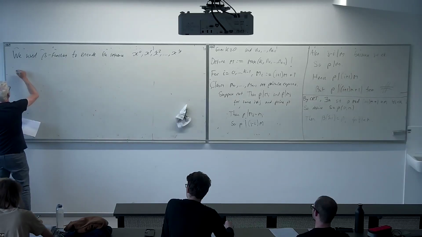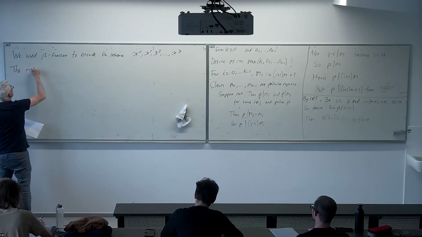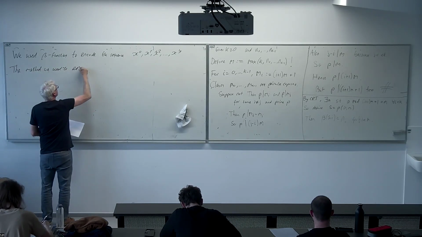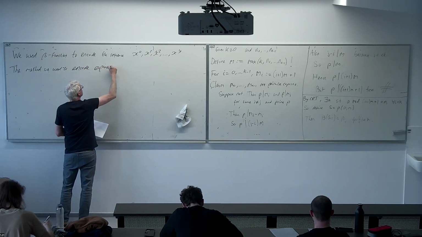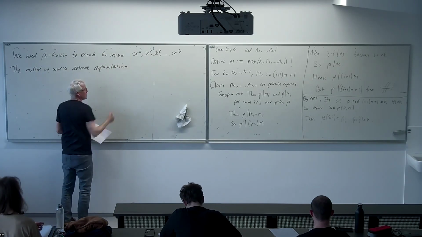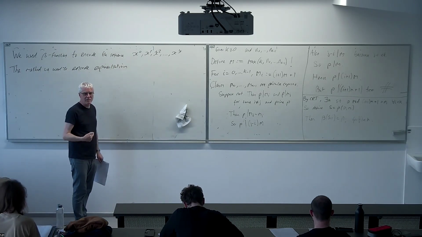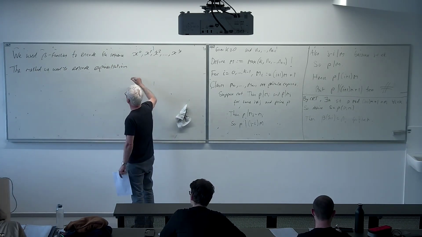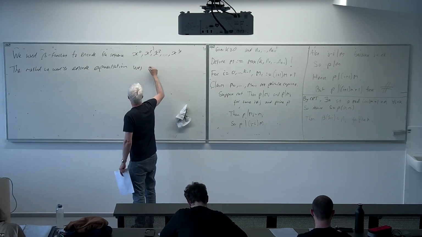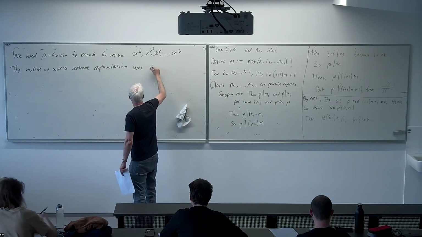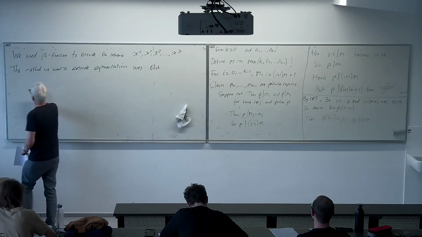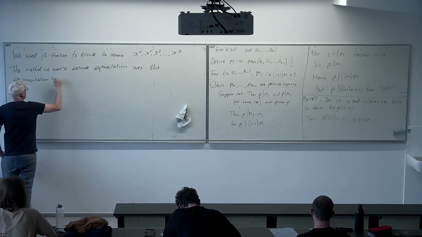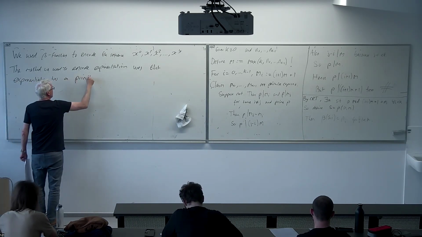So the method we used to encode exponentiation basically boils down to the fact that exponentiation is defined by a procedure that's called primitive recursion. So it uses essentially that exponentiation has what we call a primitive recursive definition.